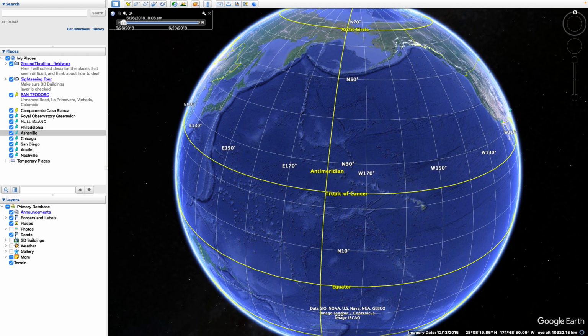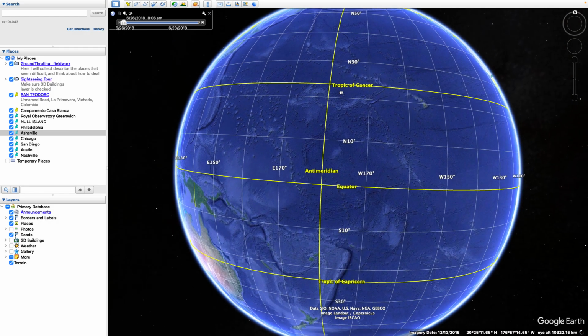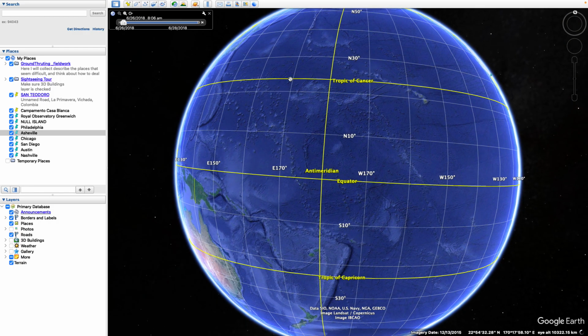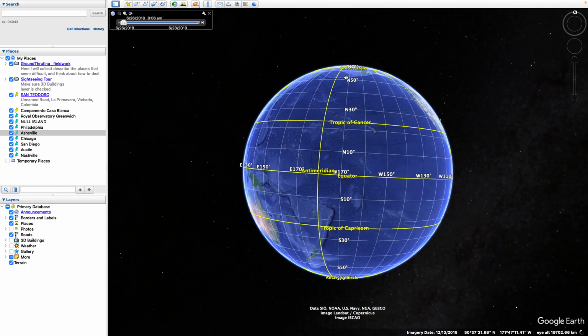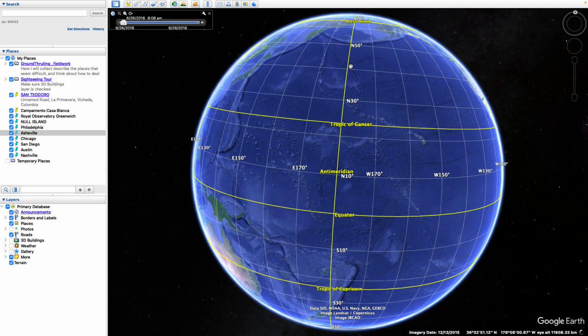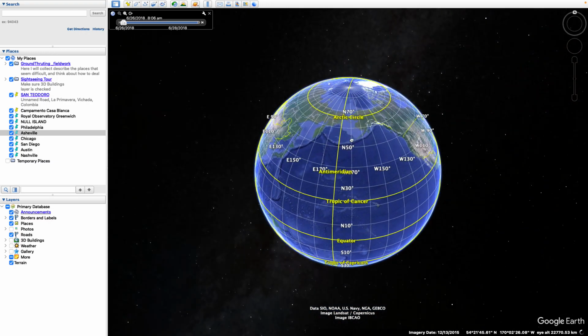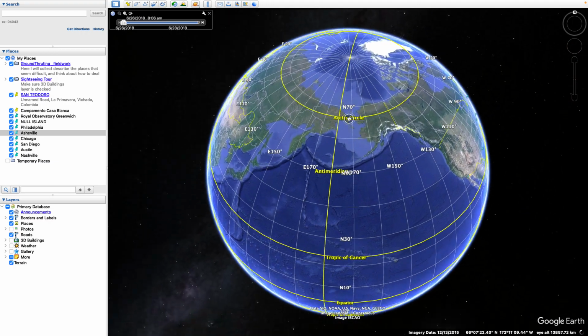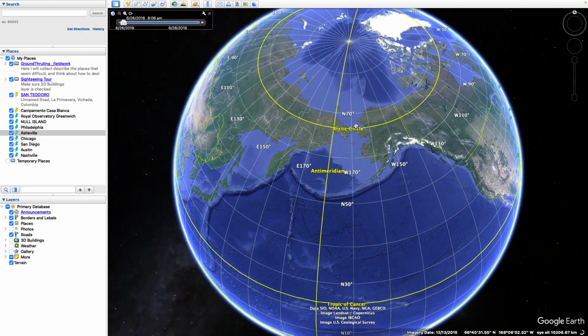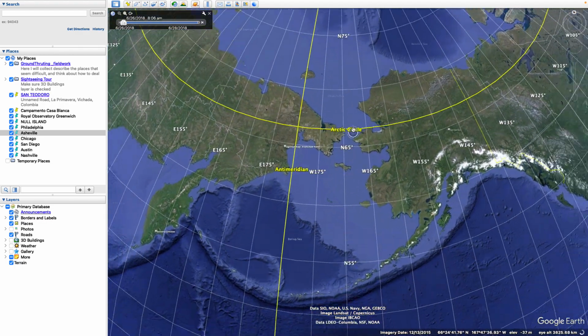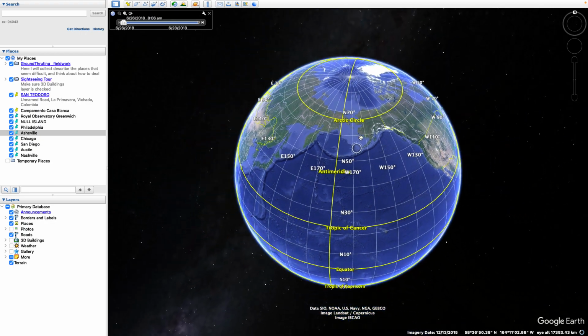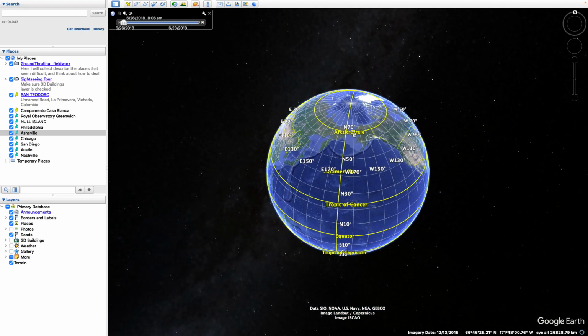So using this grid, we have here the main streets, the two tropics, which separate the tropical area from the subtropical and temperate parts of the world, and the Arctic Circle, which is here around 65, 60-something degrees. Those are the main streets, and that's how you can really locate yourself.